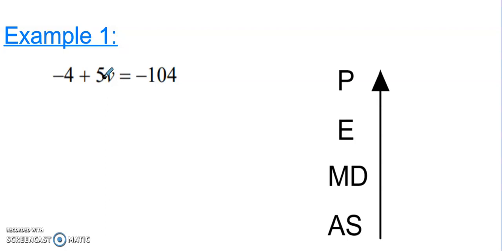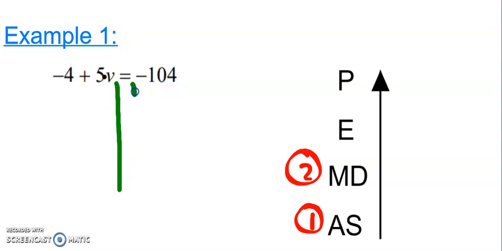Okay, so we're going to do PEMDAS backwards. So is anything being added or subtracted first? Now, you look here, you would think, oh, it says plus 5v. But remember, this is 5 times v. So multiplication and division comes second. So we want to start with this -4.